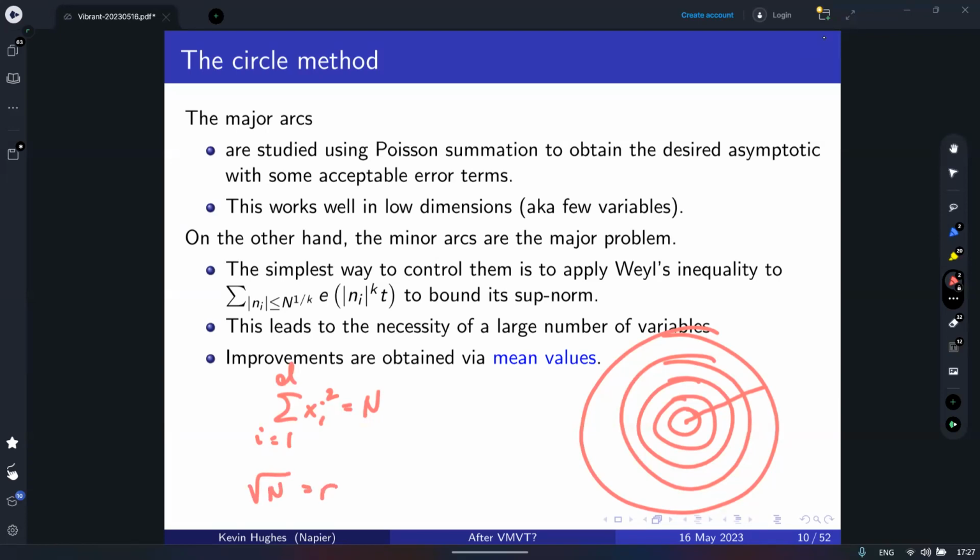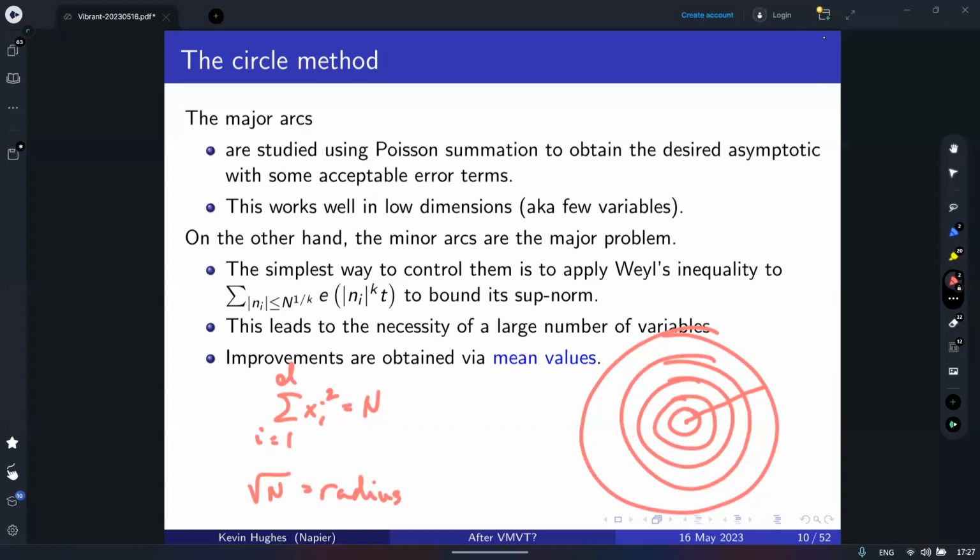Now, if I look at the ball of that same radius, square root of n, there are going to be roughly square root of n to the d lattice points inside that ball.